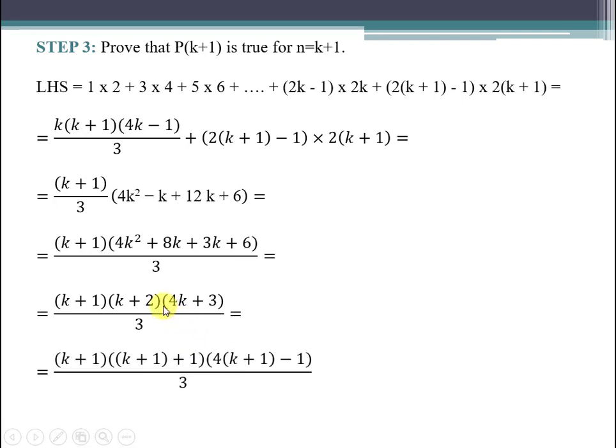And what does it give us? It gives us (k plus 1) multiplied by (k plus 1 plus 1), multiplied by (4k plus 1 minus 1). So this shows it's true for the k plus 1 term.